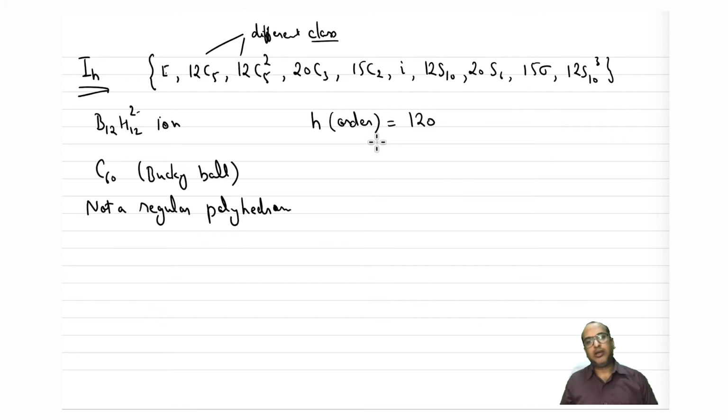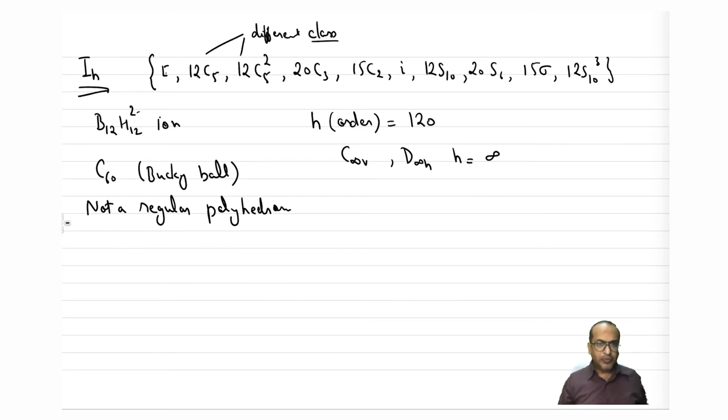This is the highest order symmetry point group, only after C infinity V and D infinity H, where the order is infinity because you have an infinite number of elements. So after this, the highest order point group is icosahedral IH, and the examples we have already discussed.